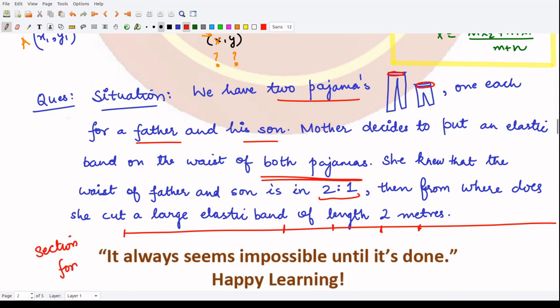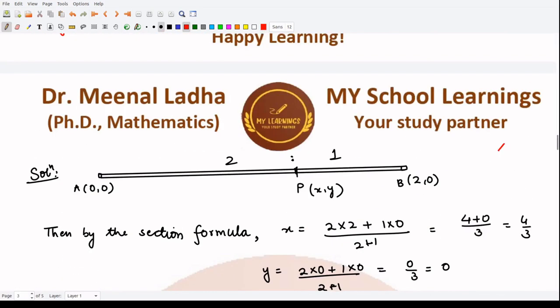Let me show you how. First of all, you have to define this elastic band using two coordinates. The coordinates of the end points are not given to us, so we should take them ourselves. We can draw a coordinate axis like this: this is the y-axis, this is the x-axis.